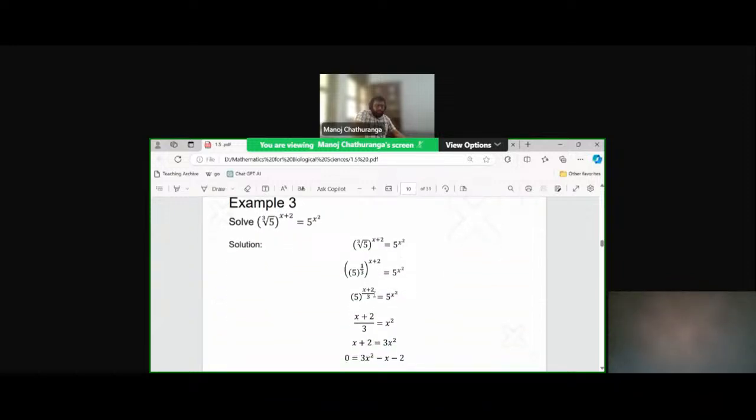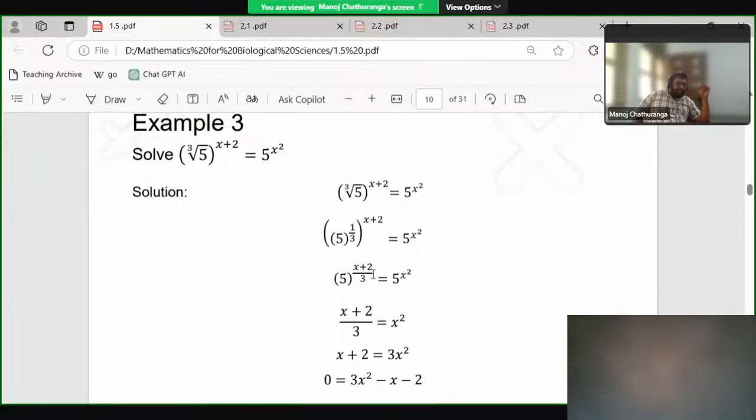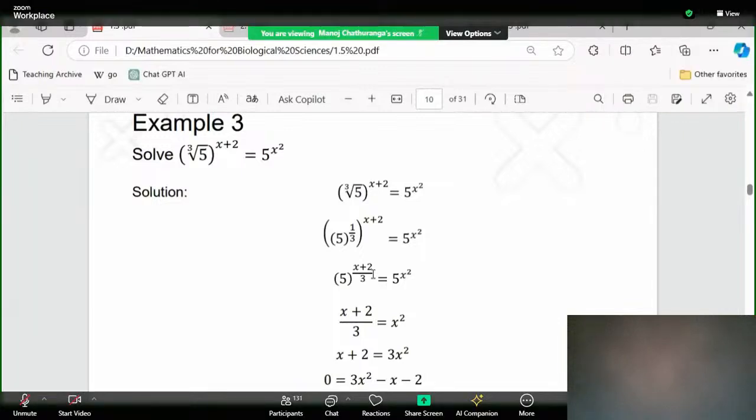Third example. It looks kind of complicated, but again, applying these simple rules about exponentials, we can solve it. On the left hand side we have the cube root of 5 raised to the power x plus 2 equals 5 to the power x squared.